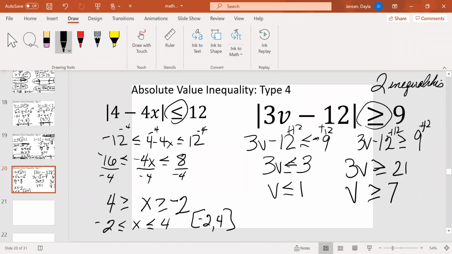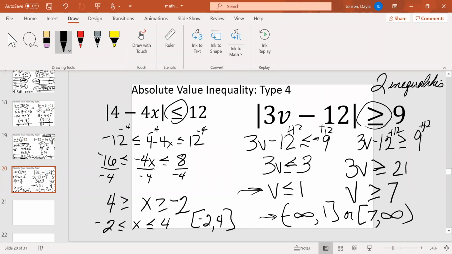So I know that v is less than or equal to 1. So that's from minus infinity to 1, including the endpoint of 1. And also a solution would be anything from 7, v is greater than or equal to 7, to infinity. So here is my set builder notation. Here's interval notation. I didn't do a number line on these two, but you sure could. So that's how the absolute value inequalities work.